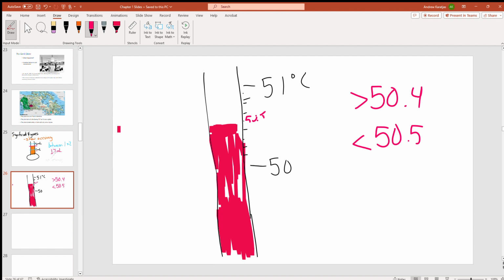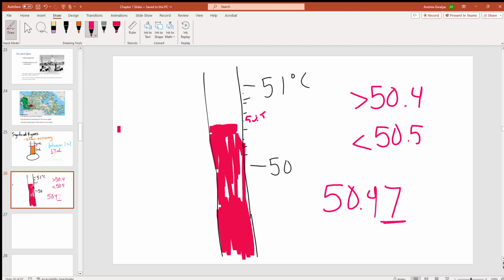How do we record this? So it's 50.4, but we know it's more than 50.4, less than 50.5. So now, because our graduations, our markings on the thermometer show us every tenth of a degree, we estimate one digit further. So what are we going to show? We're going to show to the hundredths place. And we're going to now estimate, is it 50.45, 46, 47?